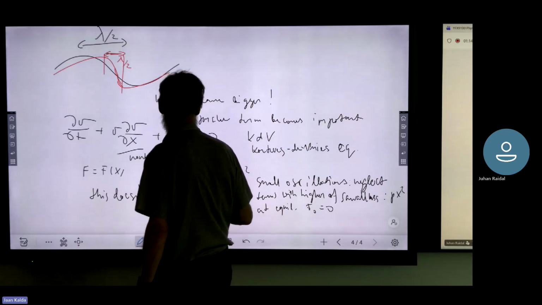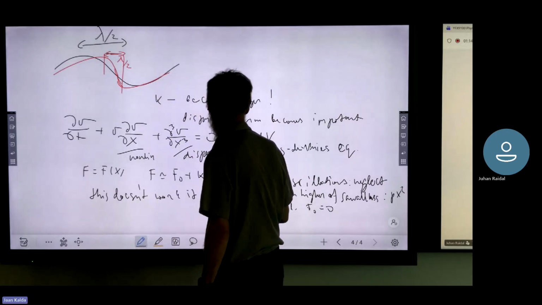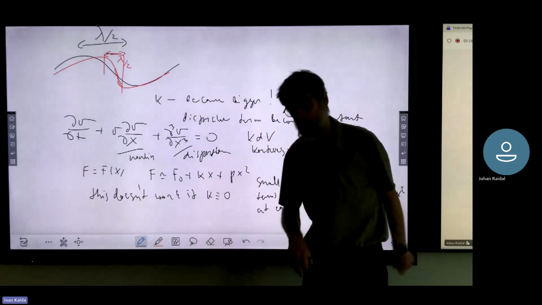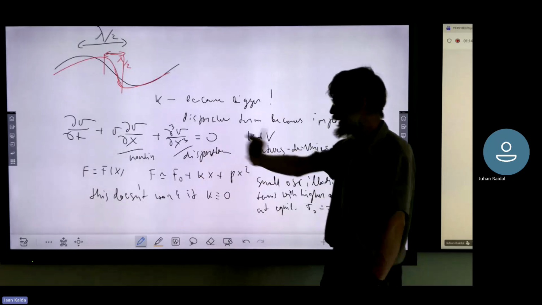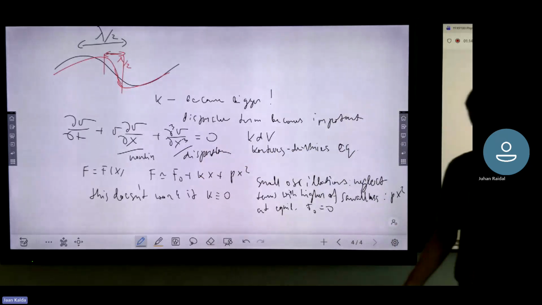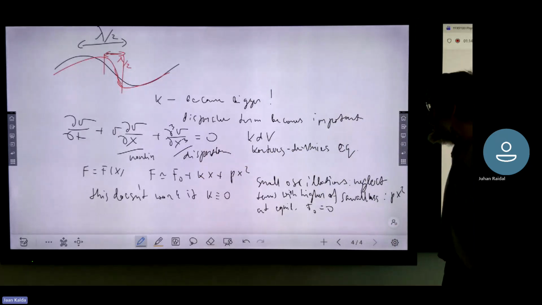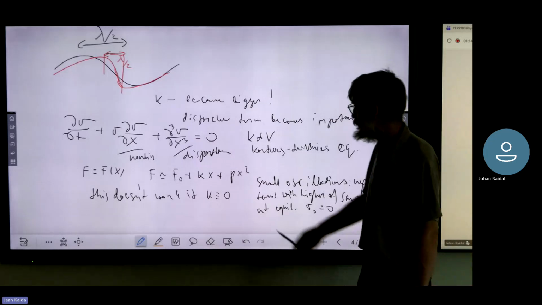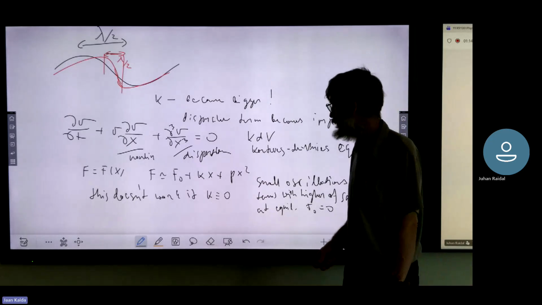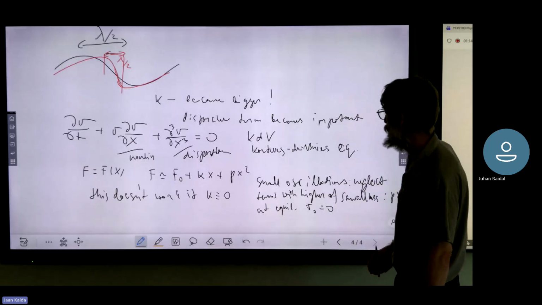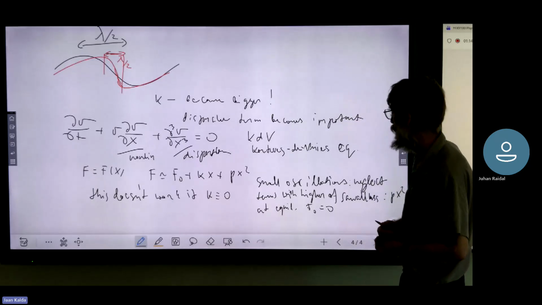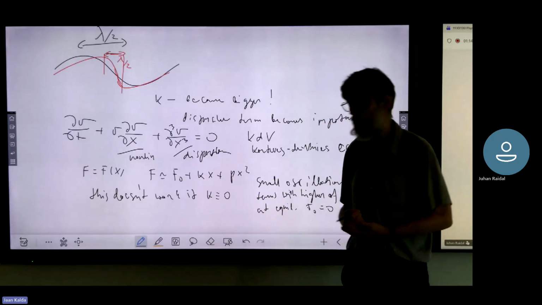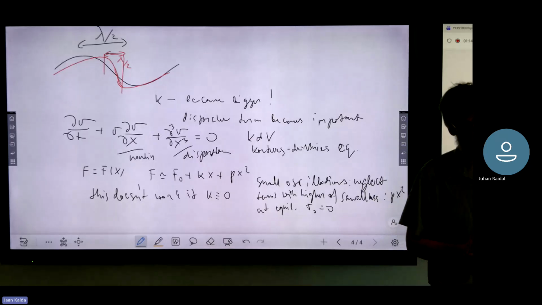In that case, you need to take the next term in order to have something meaningful. Then again, you still need to have equilibrium, which is what makes you oscillate. If you take this p x squared, then it's no longer stable, right?